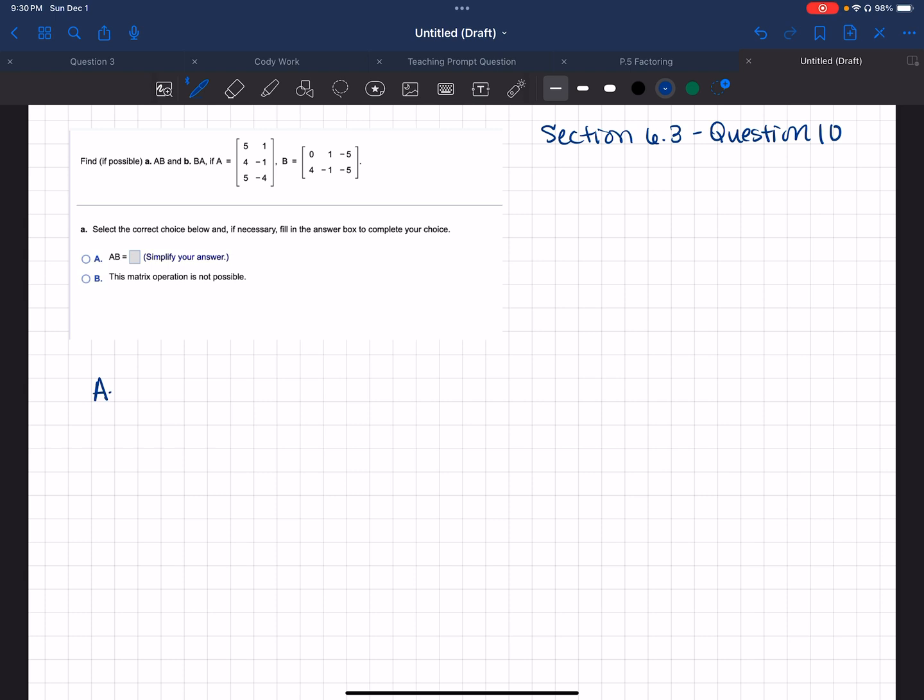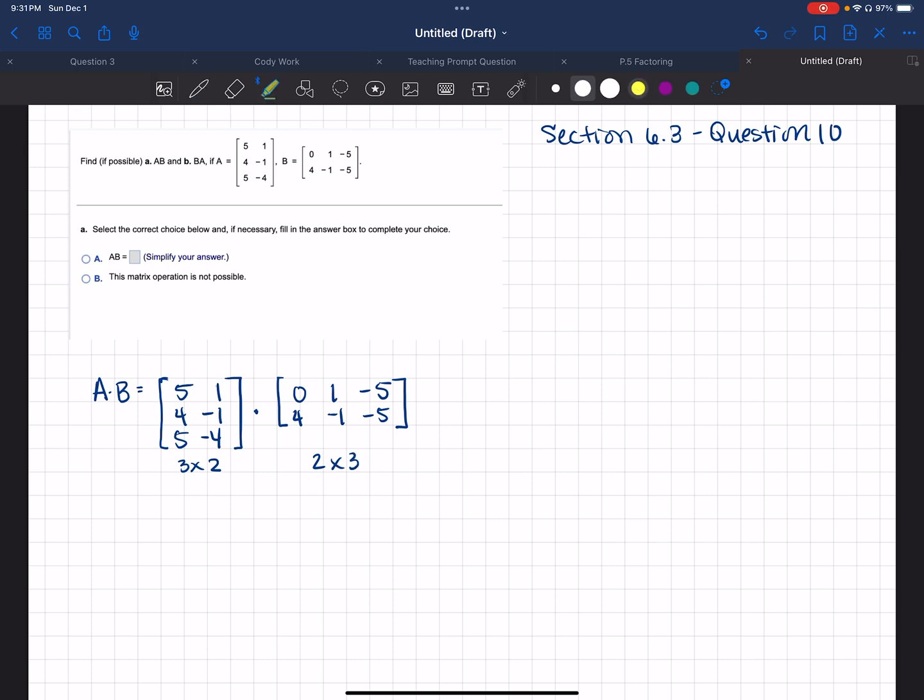So if we look at A times B, we are multiplying the 5, 1, 4, negative 1, 5, negative 4, which is a 3 by 2 matrix, by 0, 1, negative 5, 4, negative 1, negative 5, which is a 2 by 3 matrix. Since these are equal, we can multiply A times B.